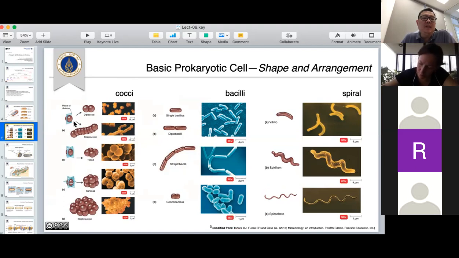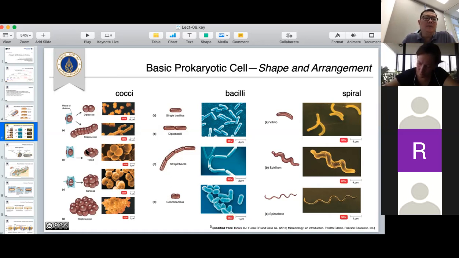Sometimes we see cocci arranged in many patterns. 2 cocci together, when they undergo cell division and the cells do not split from each other, we call diplococci. Okay, if they arrange in a chain, we call this pattern streptococci. Strep means chain. If they arrange in 4 cells attached together, we call it a tetrad.